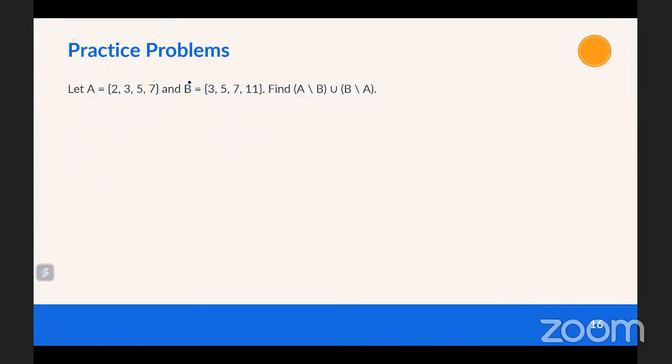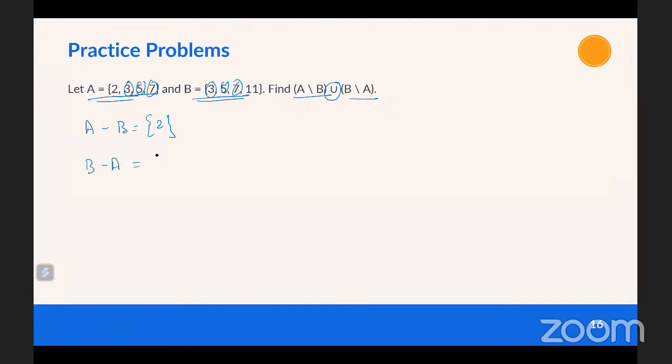Now we'll go to the next example. We have a set A and a set B. We have to find A difference B and B difference A, and then we have to perform a union. So we have A difference B, or we can write A minus B. So from this set, we are removing the elements of B, which are this element and this element, because they are present in the set B. So we'll only have 2.